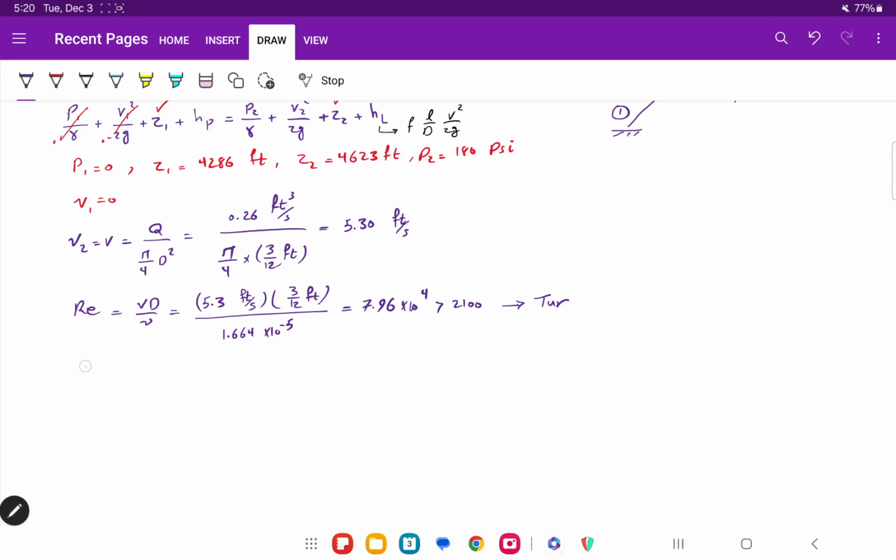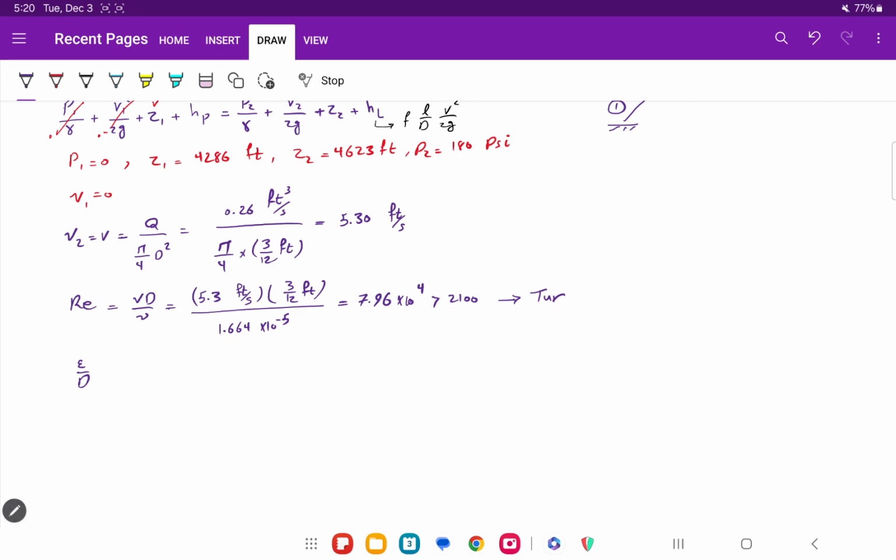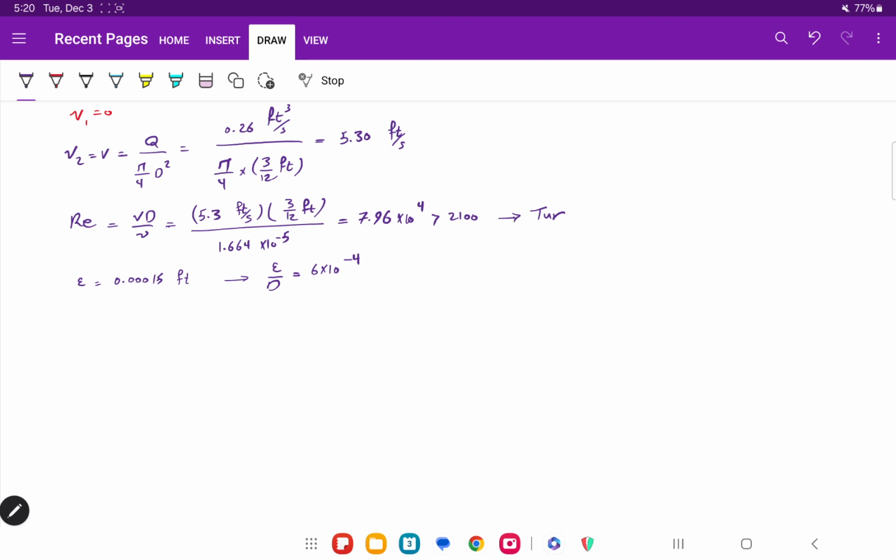So we need epsilon over d. The pipe is made of steel, so epsilon equals 0.00015 feet. So epsilon over d, you have diameter, equals 6 times 10 to the minus 4. With this Reynolds number and this epsilon over d, you should go to the Moody diagram.